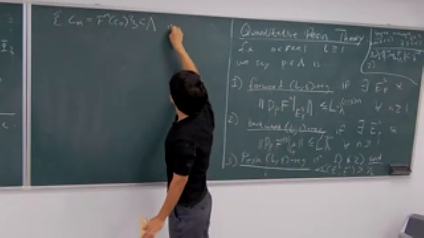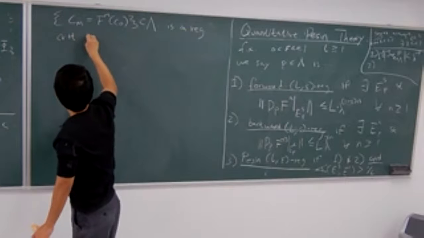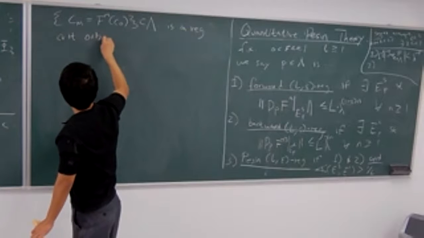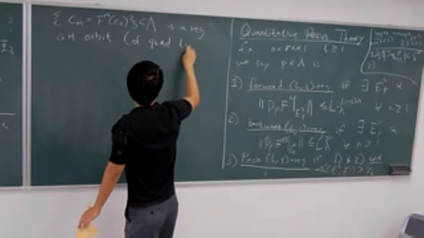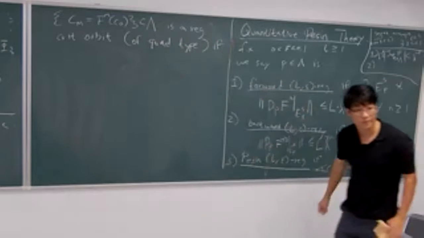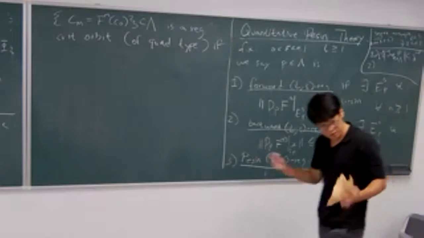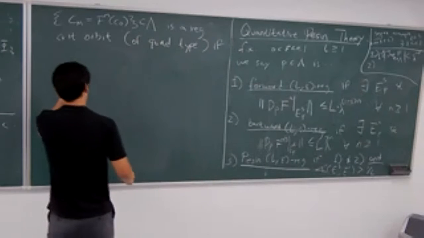Let's call it a regular critical orbit of quadratic type if the following three conditions are satisfied. Okay, so we have an orbit, it's a very special orbit. It will not be typical in the sense of measure theory.